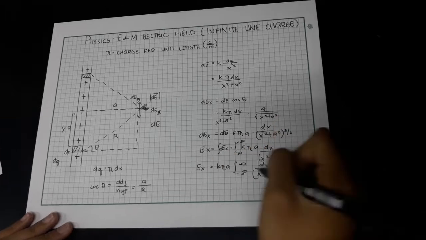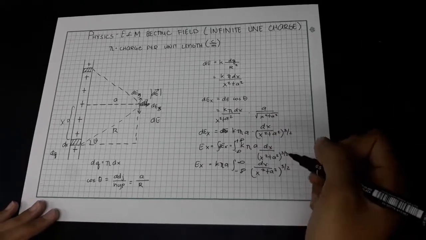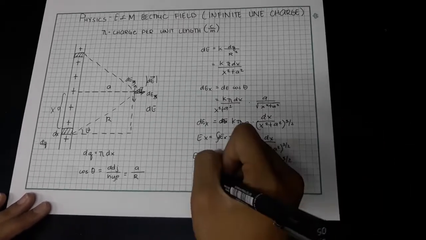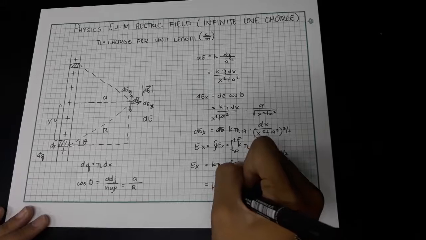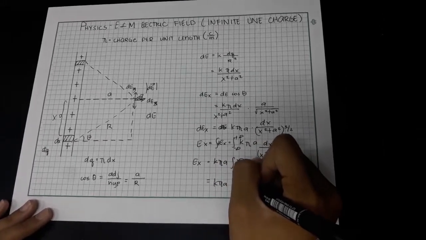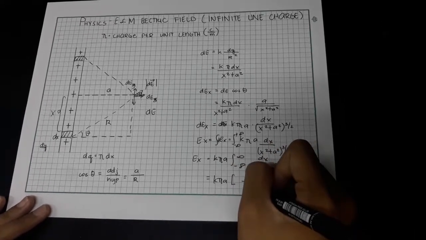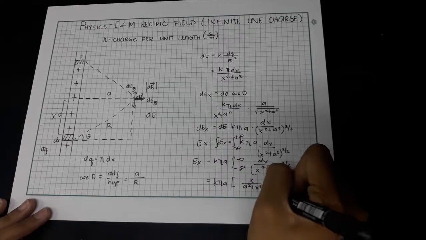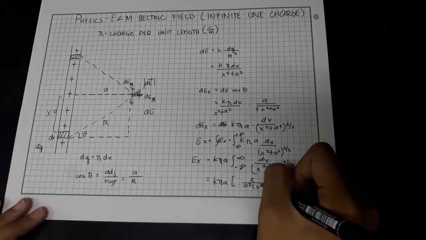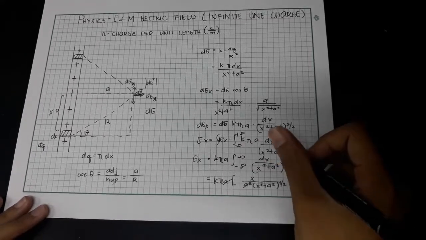And we simplify k times linear times a, x over a squared times x squared plus a squared to the 1/2, cancel out a.